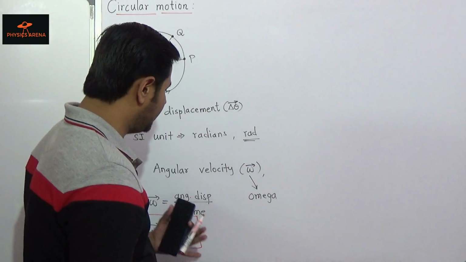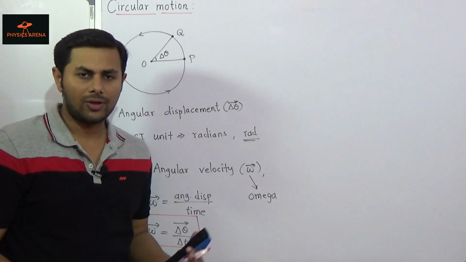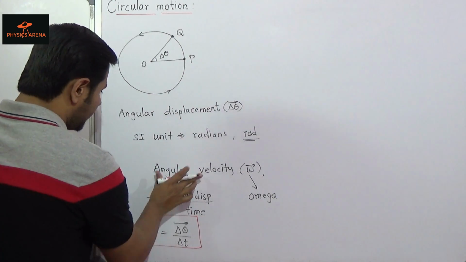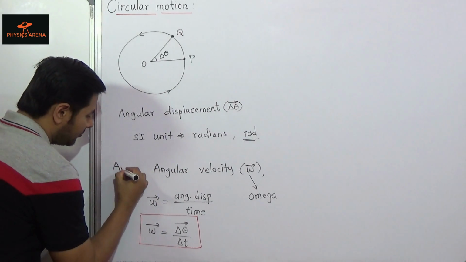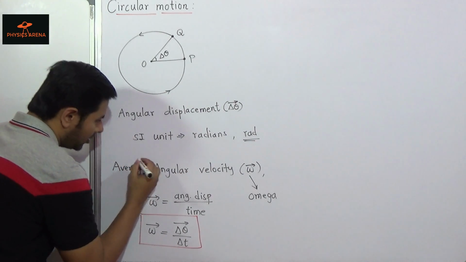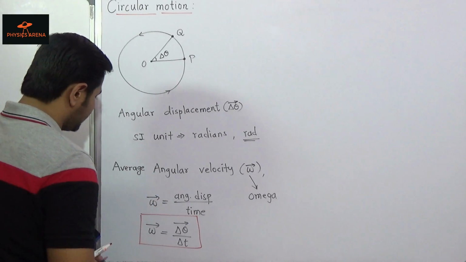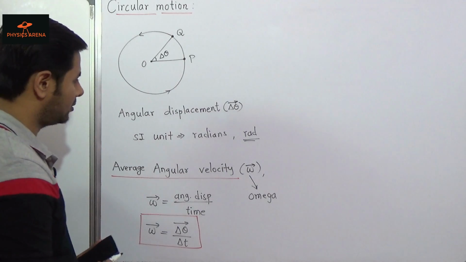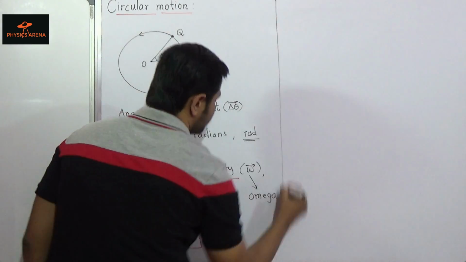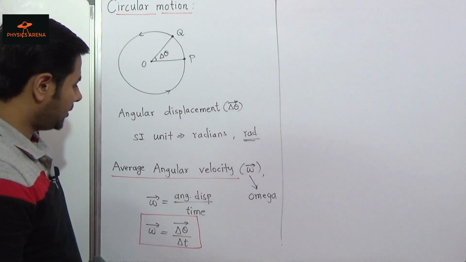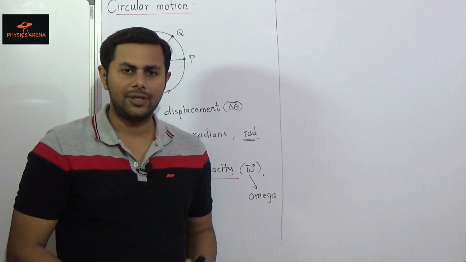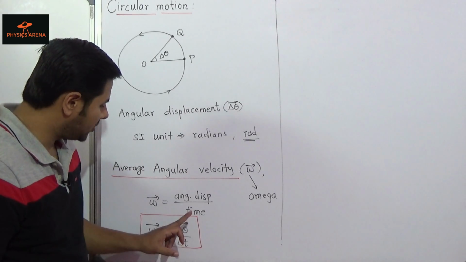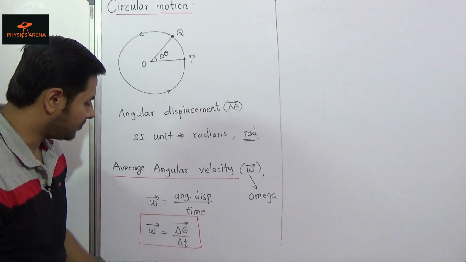Now here we did not consider how fast or slow this particle moved. So this is in fact the average value of angular velocity. Okay, so this is average angular velocity. Then in order to find the instantaneous value of the angular velocity, we need to take the derivative of this theta with respect to t.